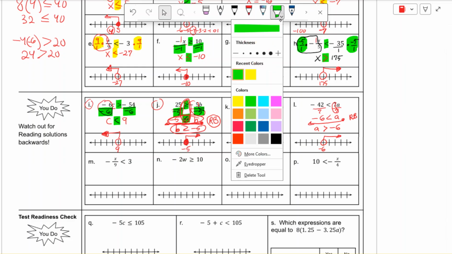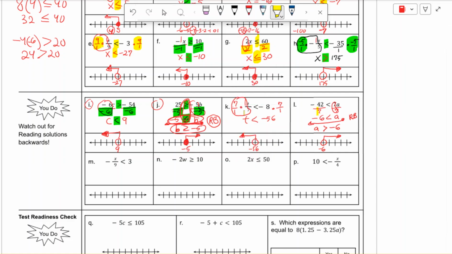Okay, we're back with these two. And you can see that on K, we multiplied. That's how I did this one. We multiplied by positives on both sides, so the sign does not change. And on L, we divided by a positive on both sides, so the sign does not change. But on L, you can see that the A is on the wrong side, so I had to read backwards.